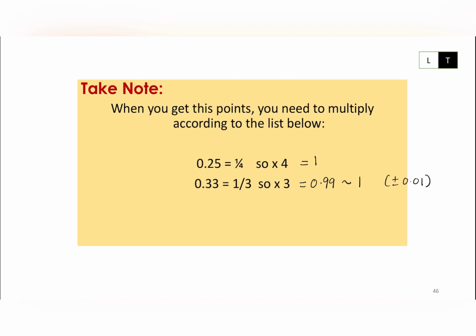Same goes for 0.5. If you want to get the whole number, you times by 2, you will have 1. Last but not least, maybe I got 0.75. To get the whole number, you have to multiply by 4. So you will have 3 as the whole number.